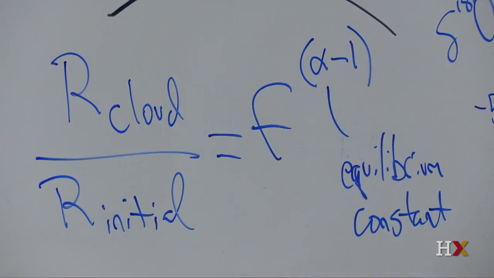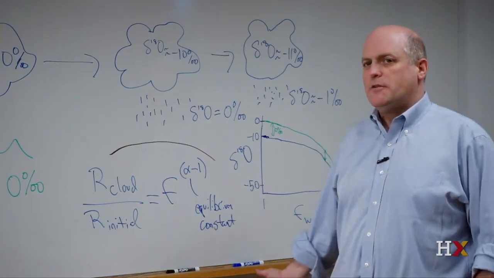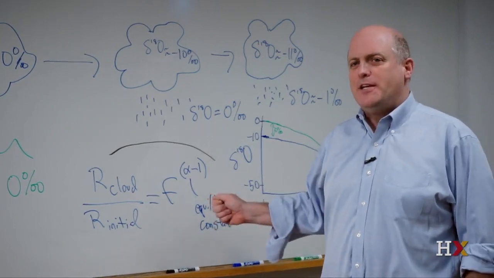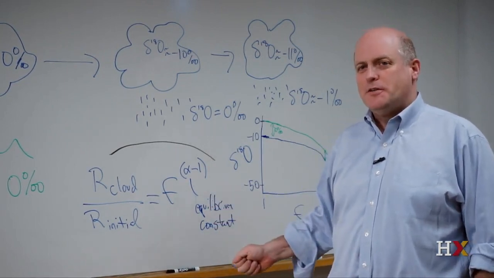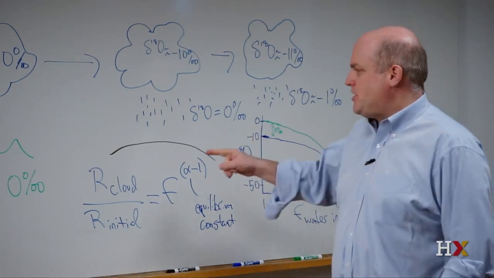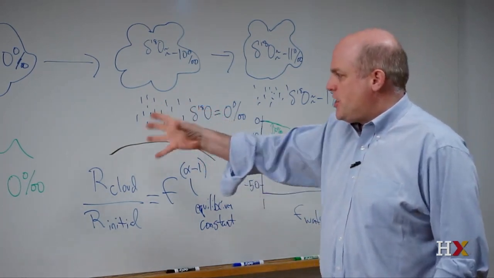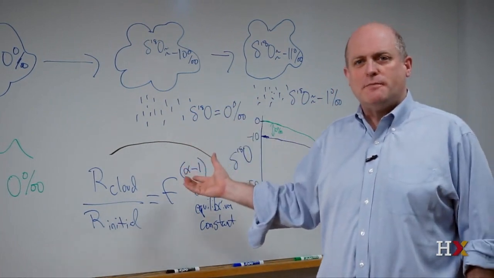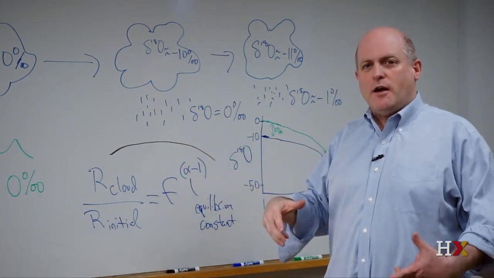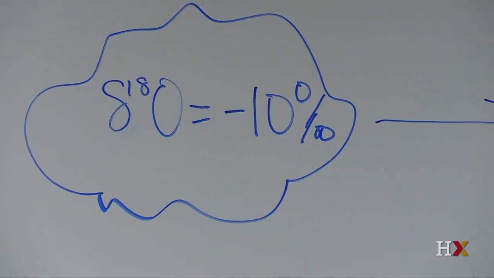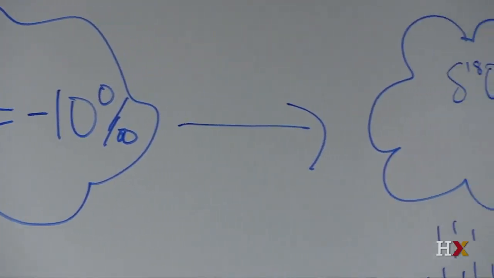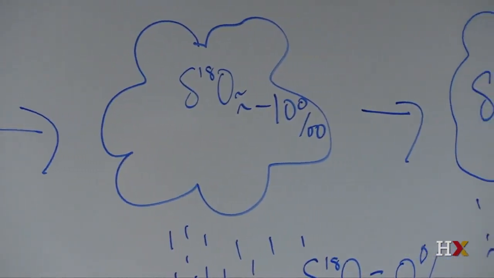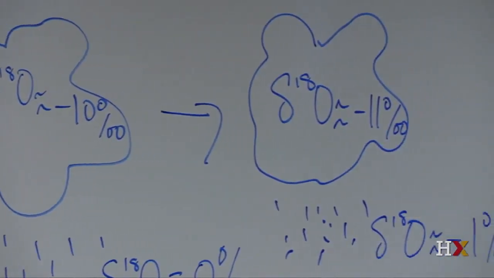So this explains this remarkable curve that Willi Dansgaard saw when he plotted the delta 18 of precipitation against mean annual temperature. What he was seeing was essentially the change in the amount of water vapor in the atmosphere, which is a very strong function of temperature. As a cloud evaporates at low latitudes and the air mass moves towards higher and higher latitudes and the temperature drops, the amount of water remaining in the atmosphere gets lower and lower.